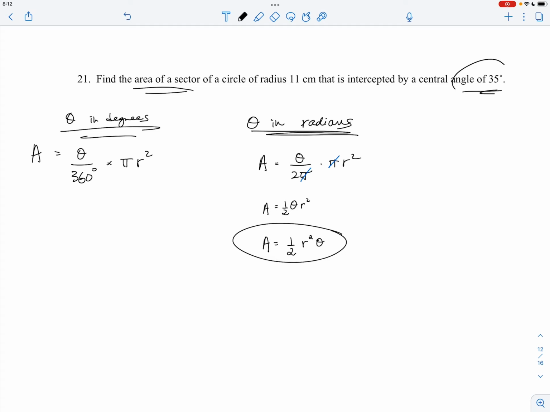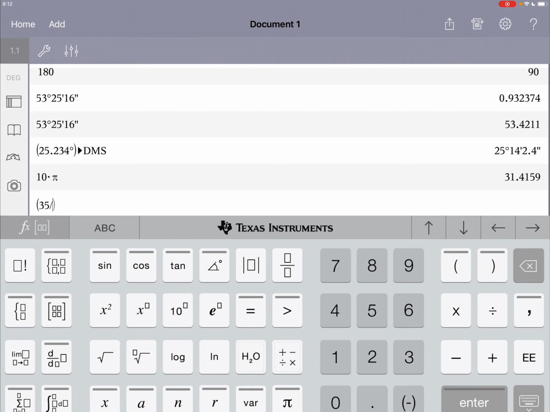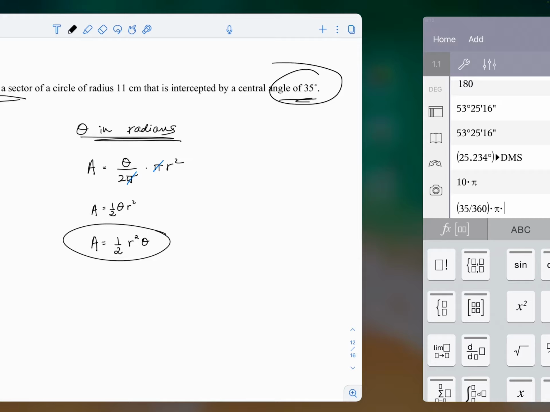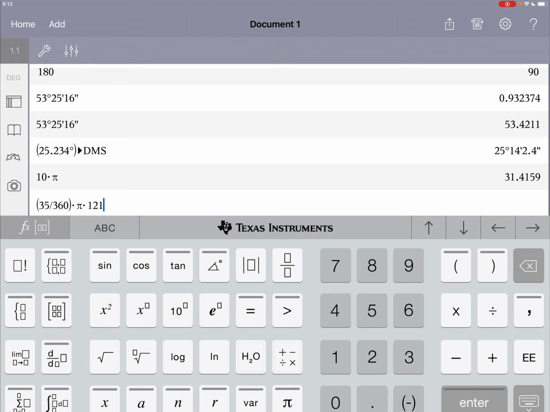For this one, it's 35 degrees, so we're going to use the degree formula. 35 over 360 degrees, times pi, times r squared. We can just put everything into the calculator: 35 divided by 360, the degrees cancel out, times pi times r squared, which is 11 squared, so 121.